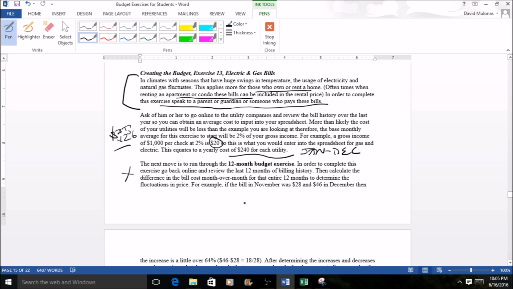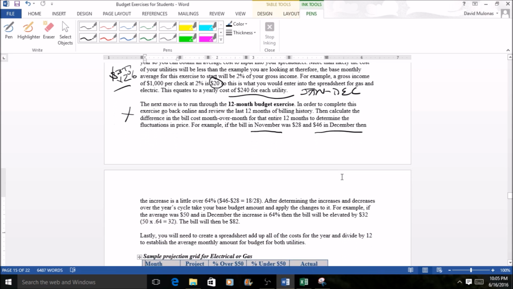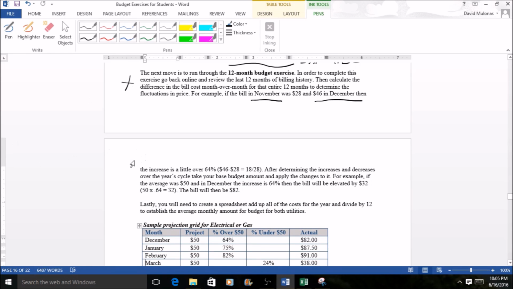Let's say in November the bill was $28, and in December it was $46. Find out what the increase was. Take $46 in December, less $28 in November, and divide the difference by November's amount. That's basic math, and the bill went up a little over 64%.